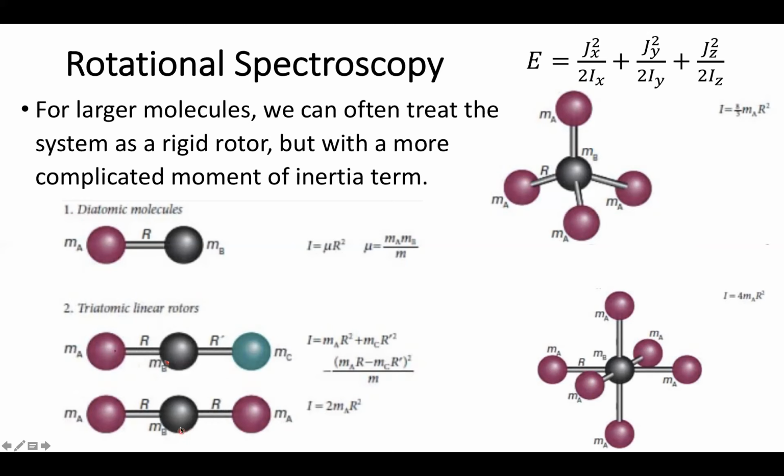So this actually ends up being pretty easy if both of my edge atoms are the same identity, because my atom B in this case, my central atom, will lie exactly on the axis of rotation because my A atoms will be rotating about atom B. So it won't contribute anything to the moment of inertia, and the moment of inertia will simply be twice the mass of the rotating atom times the bond length, because that's again going to be the distance of this atom from the center of mass.